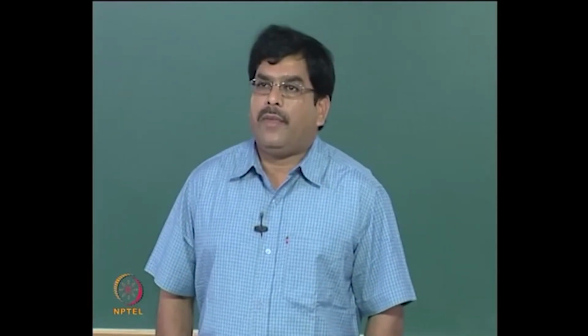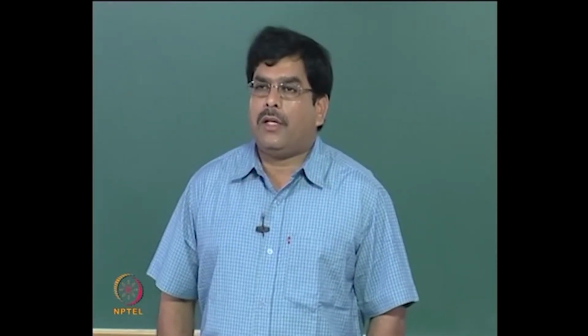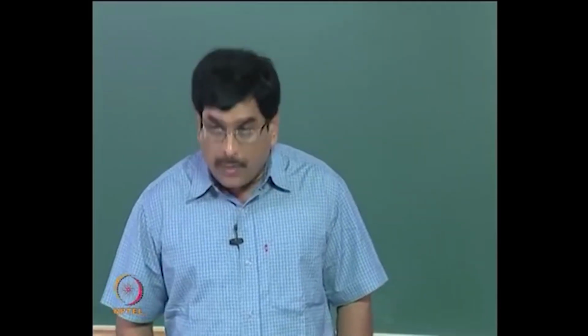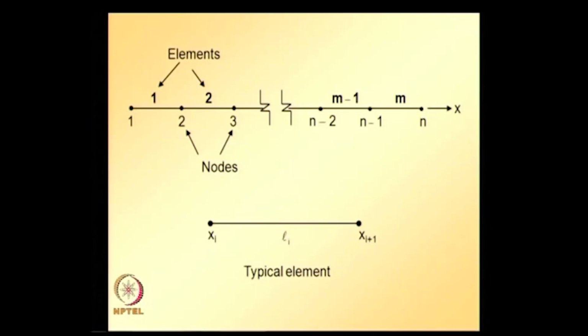Now a typical element looks like what is shown in the second figure. A typical element is connecting node i with i plus 1. The x coordinate of the ith node is xi, and the x coordinate of the i plus 1 node is xi plus 1. The length of this element is Li.